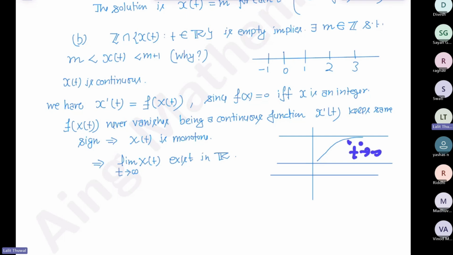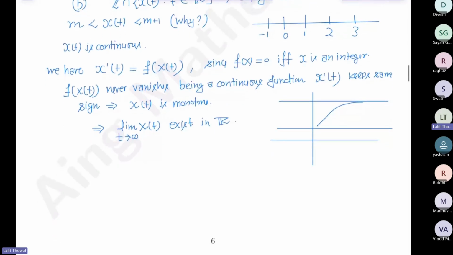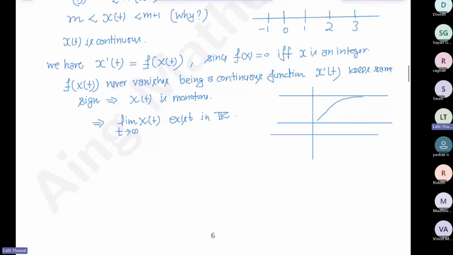Yes, Madhuvanti. 0, sir. Right. But we are not sure of it, because we have just confirmed it from the graph. It may be 0. So I will show it. Suppose the limit is not m or m plus 1.